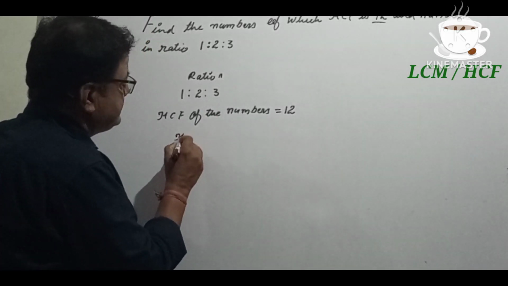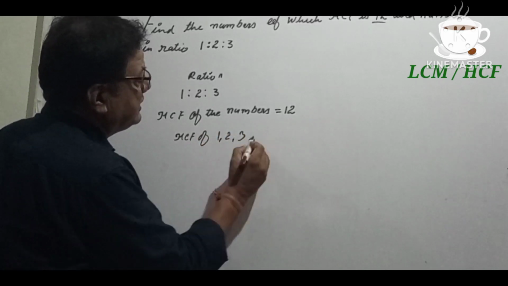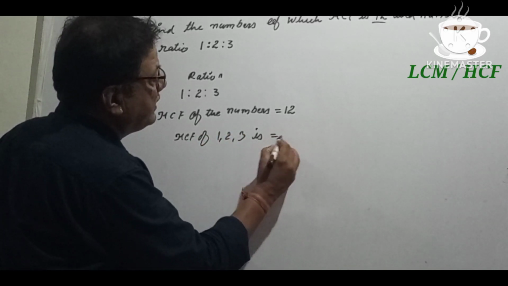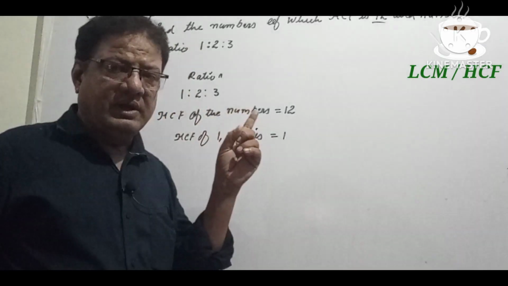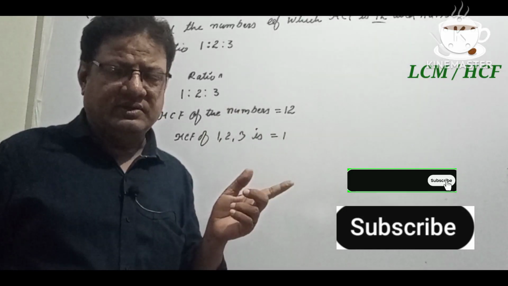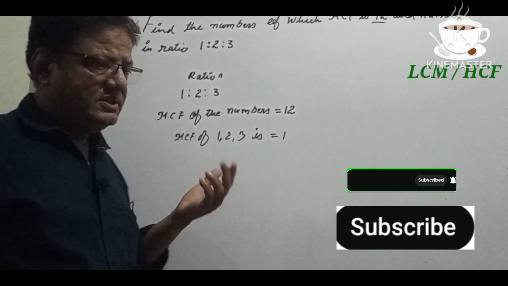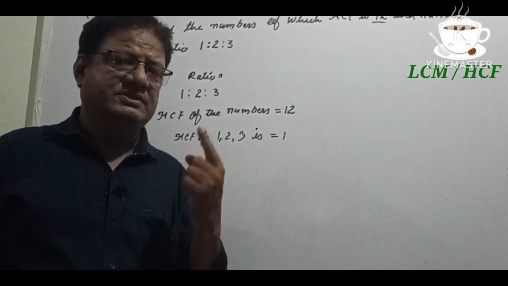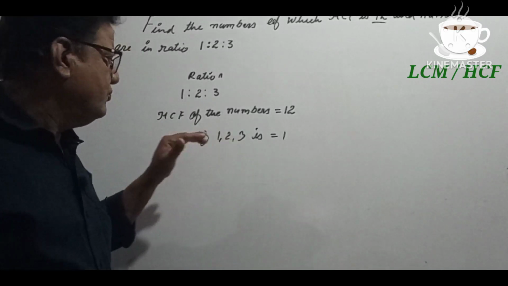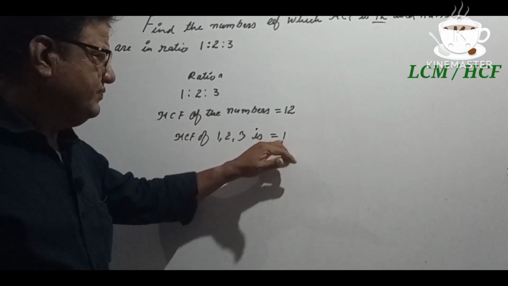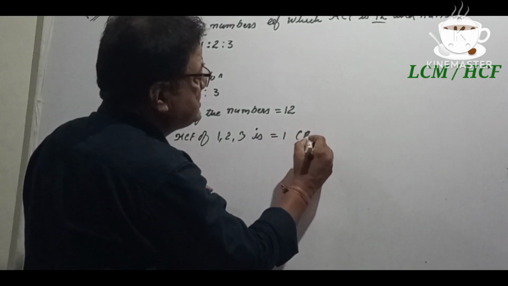Then we find the HCF of 1, 2 and 3 is 1, because they are coprime. There is no other number which can divide all three of them, only 1 can divide all three of them. So the HCF of 1, 2 and 3 is 1. This is the HCF ratio based.